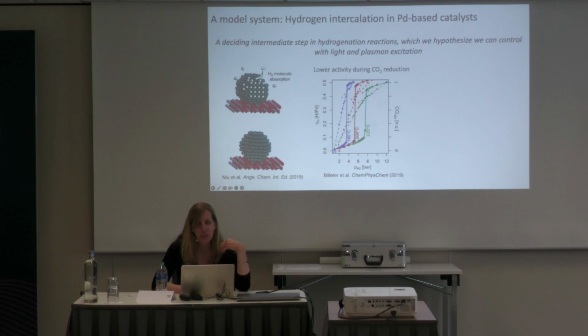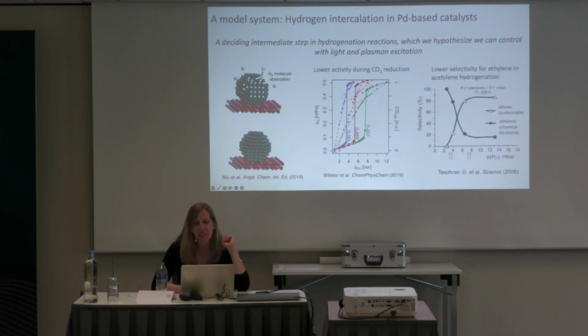As you get to higher and higher pressures of hydrogen, you can see that the catalytic activity, the slope here in these dashed lines, starts to get reduced. That's because at higher pressures, more hydrogen is intercalating into your nanoparticle, and you're able to use less for that CO2 reduction.